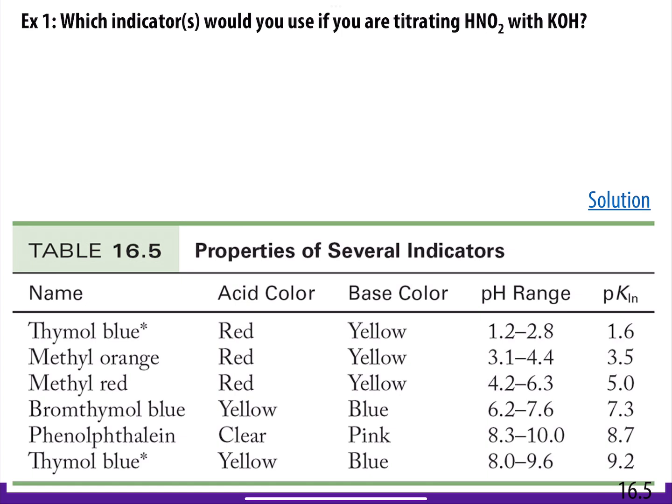What indicator would you use if you're titrating HNO2 with KOH? In this case, we're titrating a weak acid with a strong base. We don't know the exact pH at the equivalence point, but we do know that the pH is going to be greater than 7 because the strong base wins out.